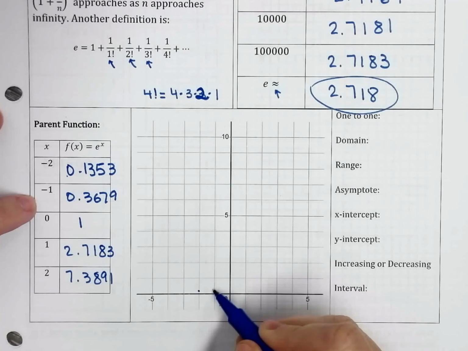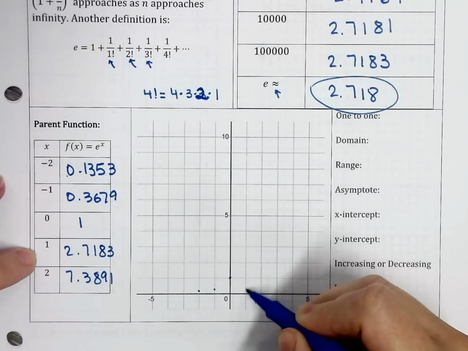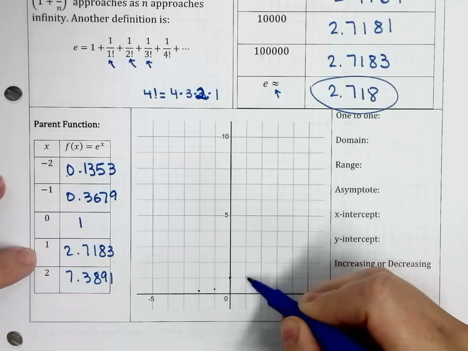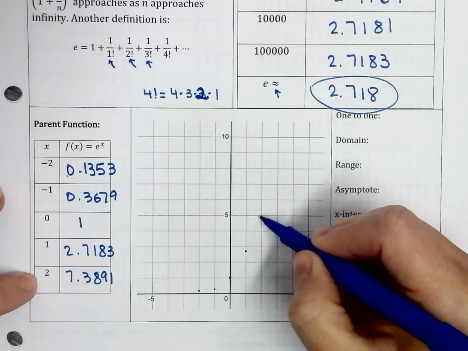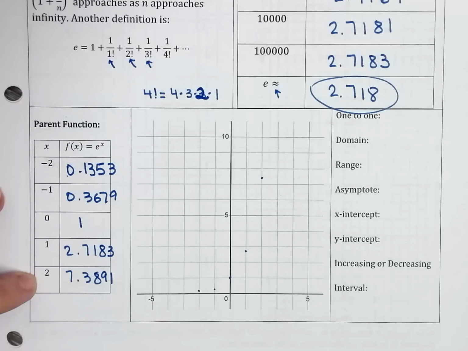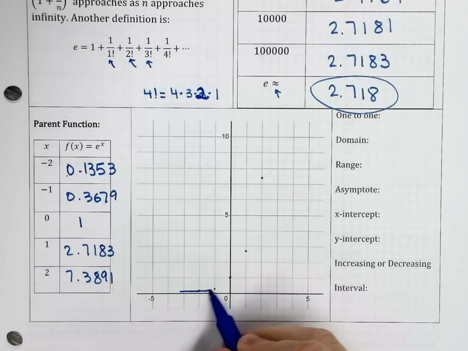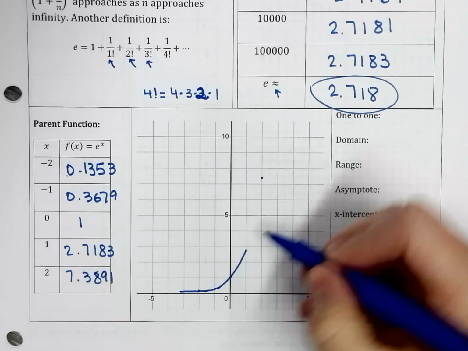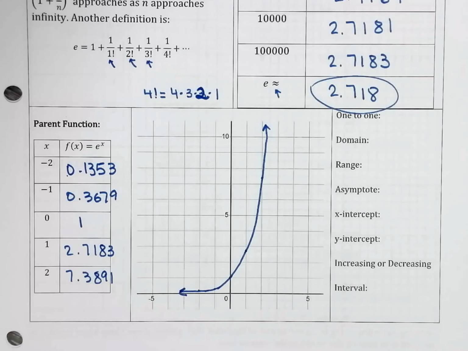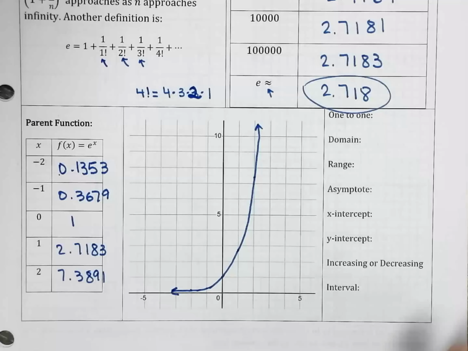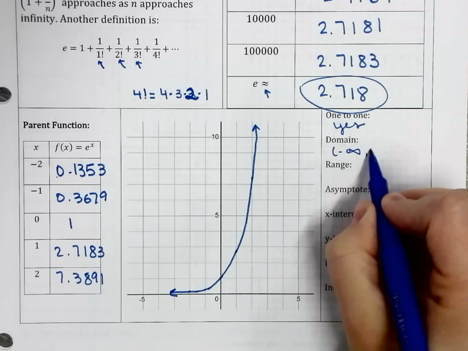Woo! Okay, -1, 0, 1, 1, almost 3, and then 2, about 7, almost at 7.5. Okay, and one-to-one, yes.